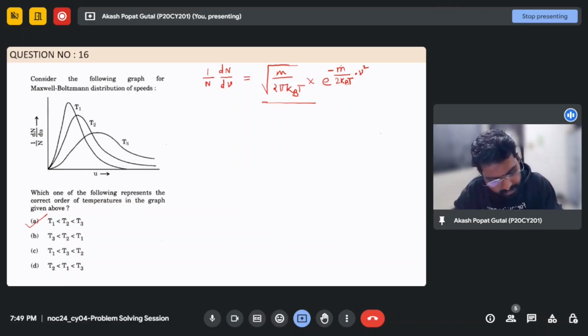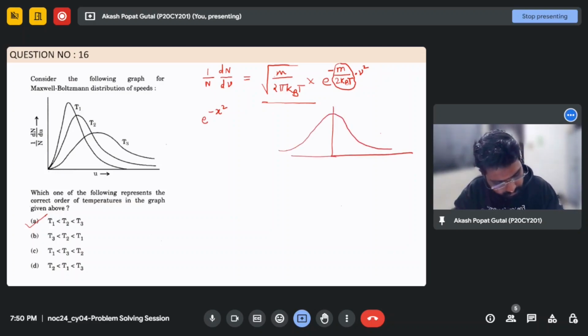So the second factor is m by 2 kB T, and the first factor is the square root of m by 2 pi kB T. This is a general Gaussian type distribution. When you say e raised to minus x square, it's generally called a Gaussian distribution, which is bell-shaped. Now we are going to see how its shape changes according to these two variables.